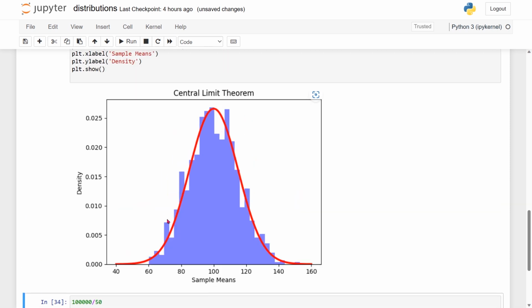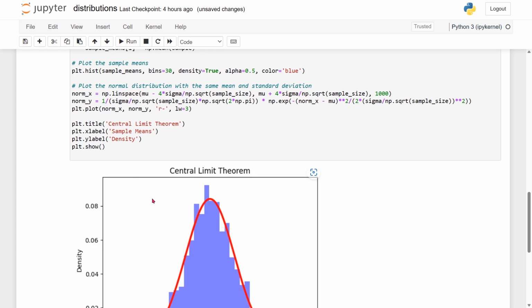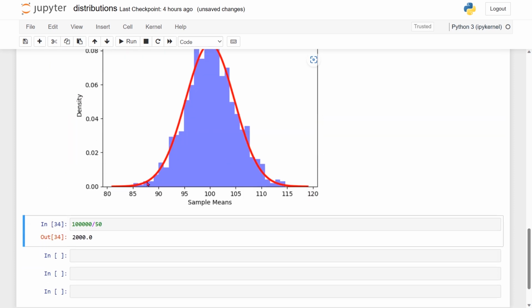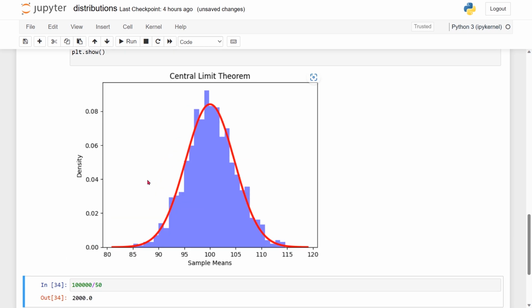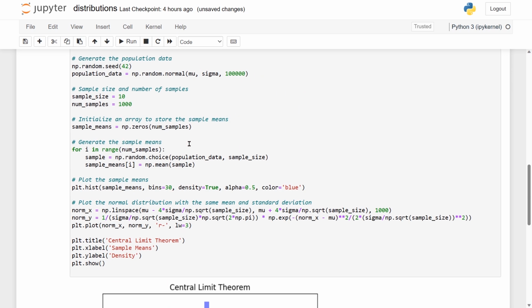There is the normal curve, and there are a lot of breaks in the overall curve. It is not exactly fitting the normal curve. Now I'll bring it to sample size 10. Now you see that it has improved as I have increased the sample size. It's approximating the normal curve. Now let me increase it to 20 and see the magic.